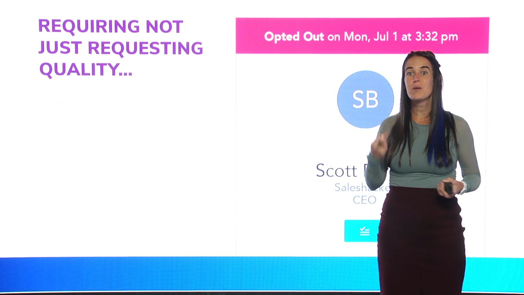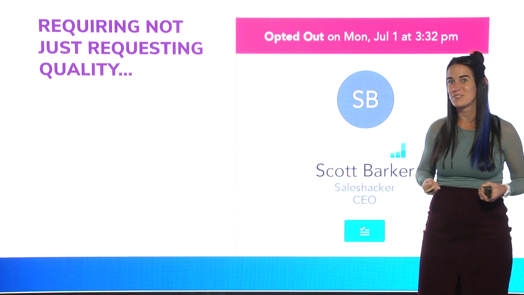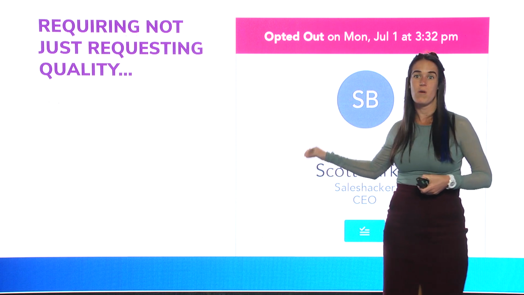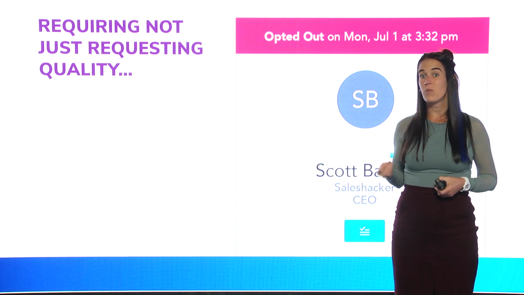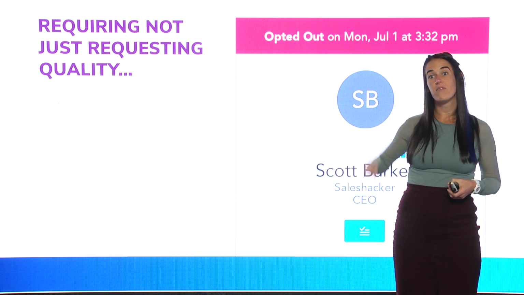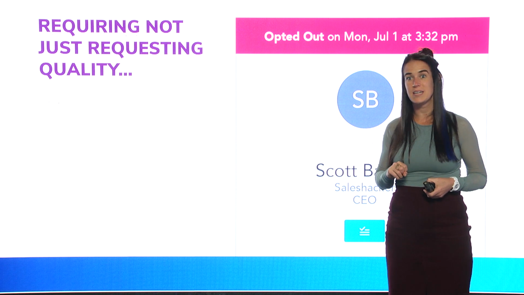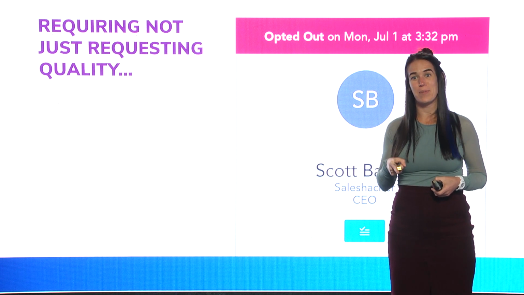So it's like no one likes putting spacers in their teeth to get braces and then having braces on for 2 years, but their teeth and their smile at the end is worth it. So you want to make sure that your reps put spacers in their teeth, so to speak, by requiring, not just requesting, quality. There is a way within Outreach that basically, if you don't have one of those custom tags filled in, if you haven't done your research on your prospect, then you cannot dial that person.